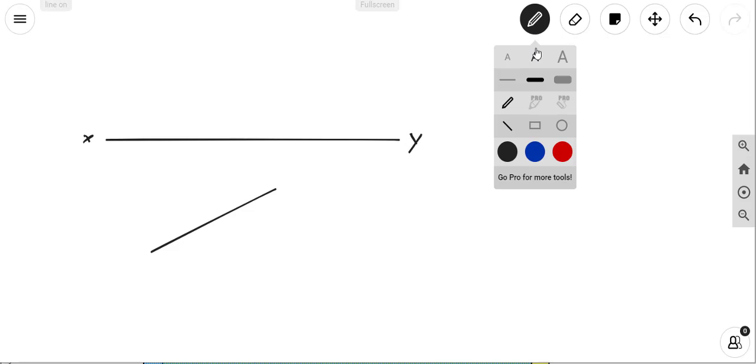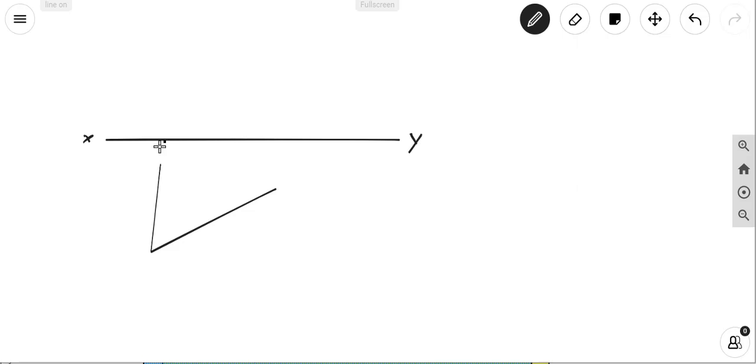Just like that I will draw the true length in the top view. This is the first quadrant, therefore the top view will come below the XY line. This is the XY line. Now the next step will be to draw the projectors. So what will we do with the projectors?